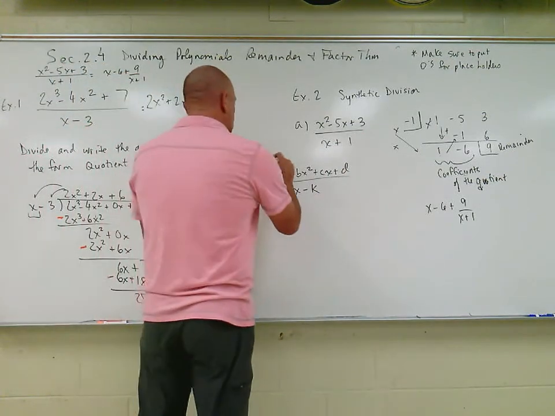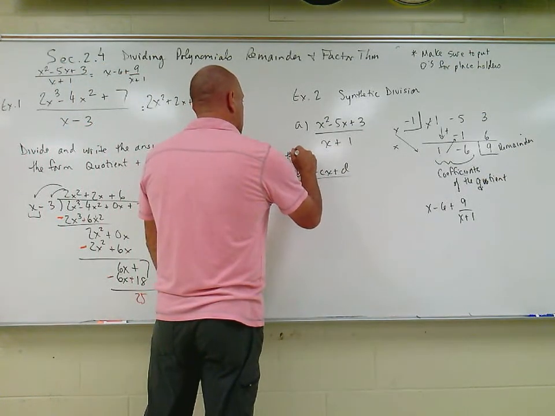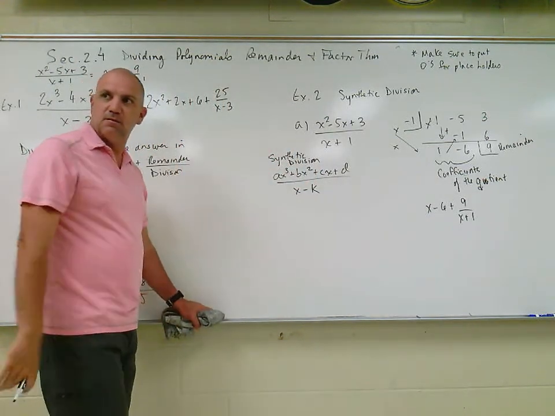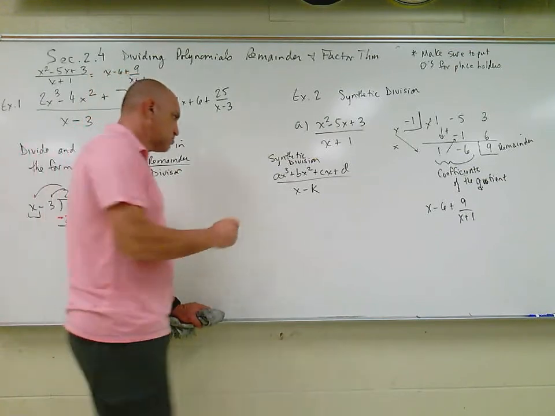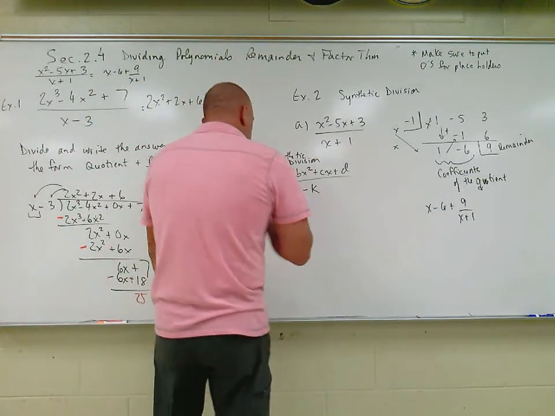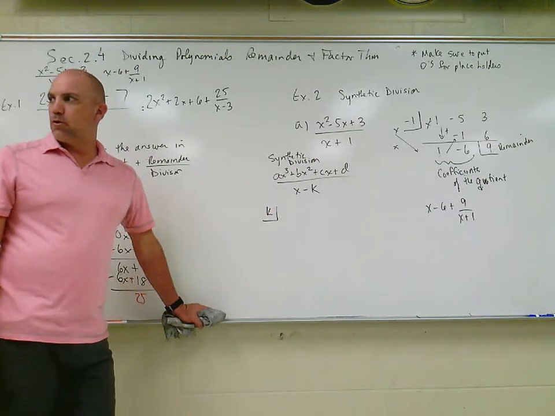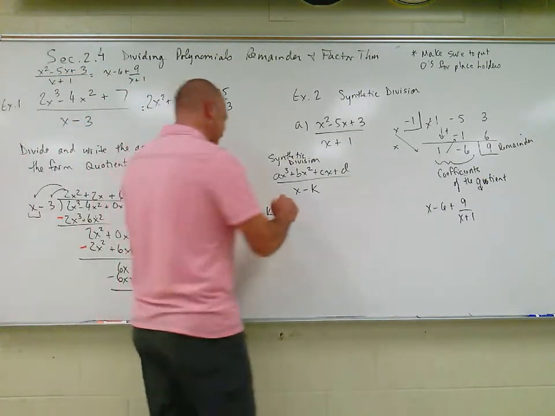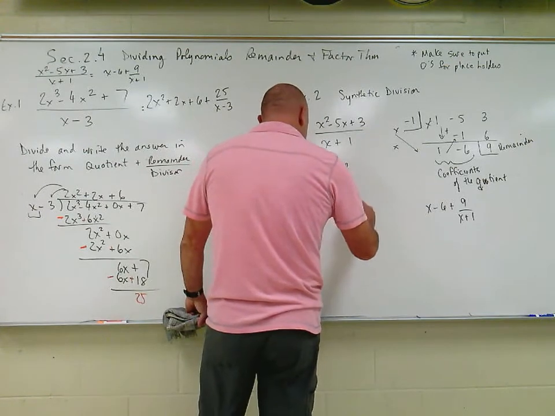So if we wanted to set up synthetic division, what would go on the outside? A k, that's right. And then, what are the coefficients that would go inside? A, B, C, D. Not very original there.